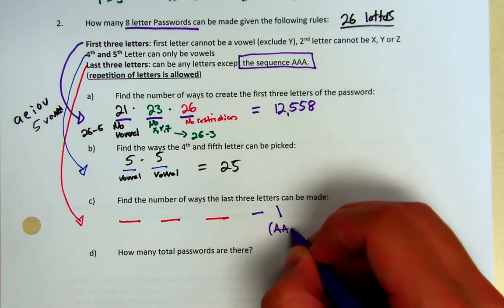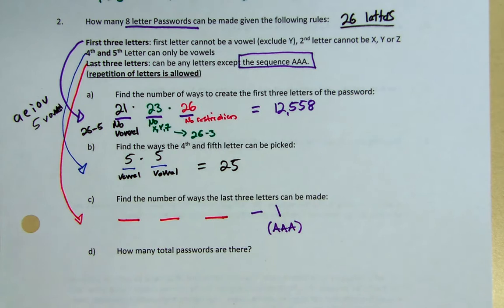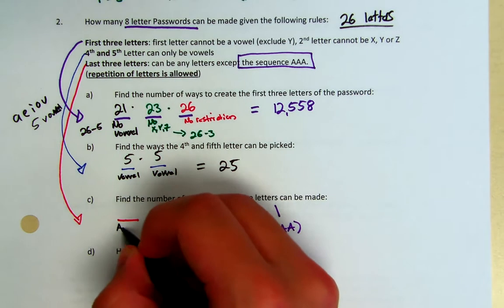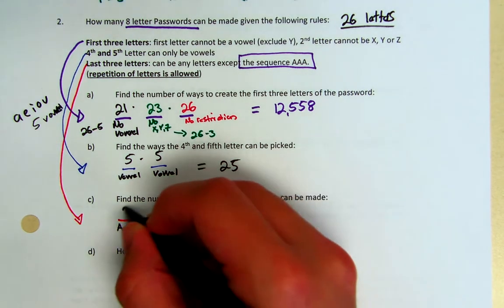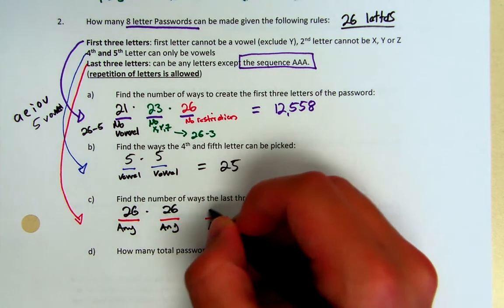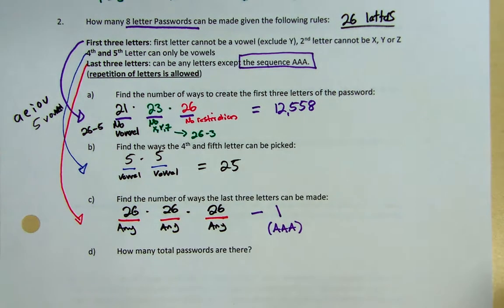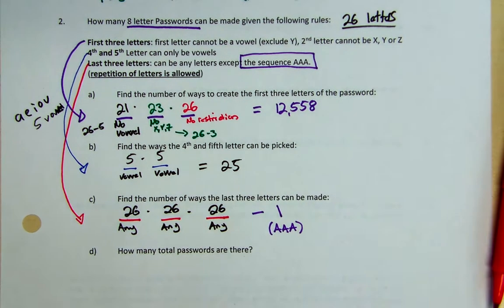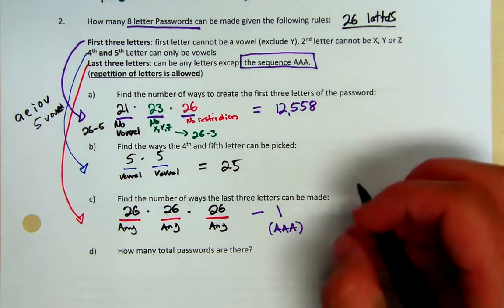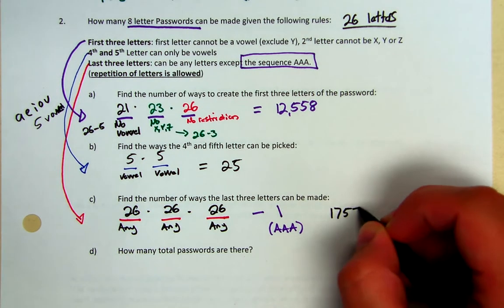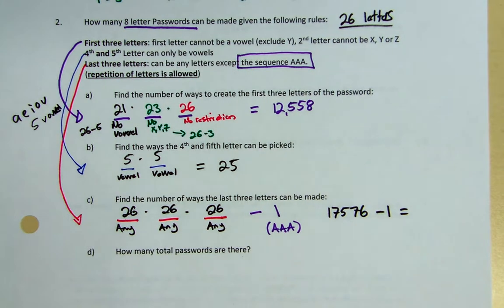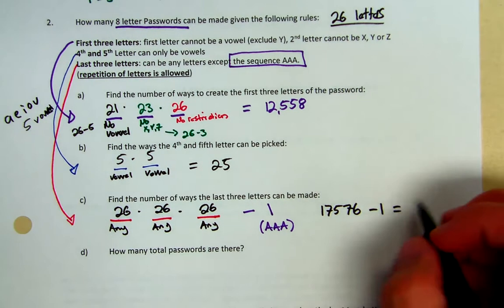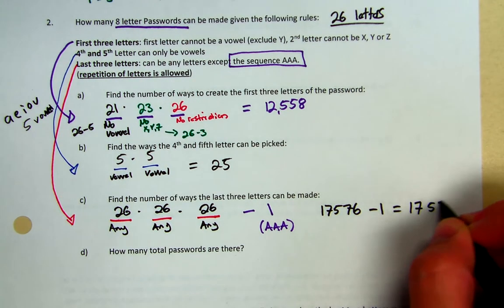Any letter, any letter, any letter, so that's 26, 26, 26, which is 17,576, minus the 1 code, which gives us 17,575.